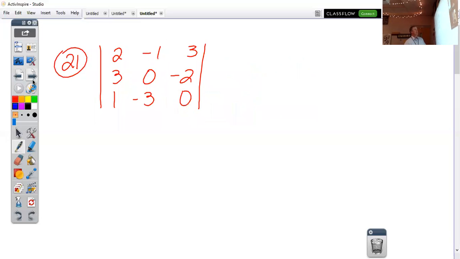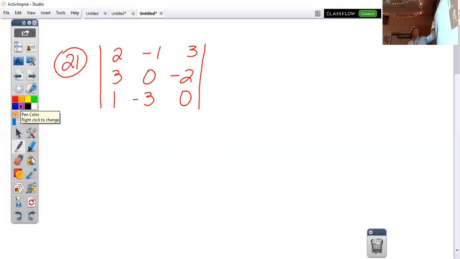3 by 3. 2 ways, 2 methods. I'm going to give you one method, and the next problem I'll do the other method. So this first one, we break it down into 2 by 2s. And how do you do that? By the way, you will use this method later in the class when we start talking about vectors.